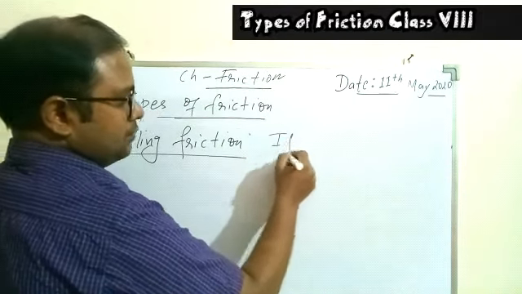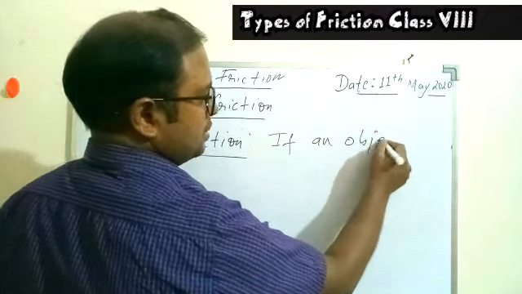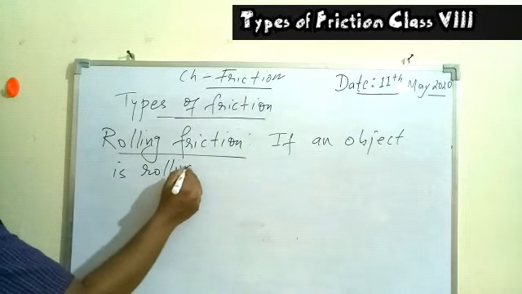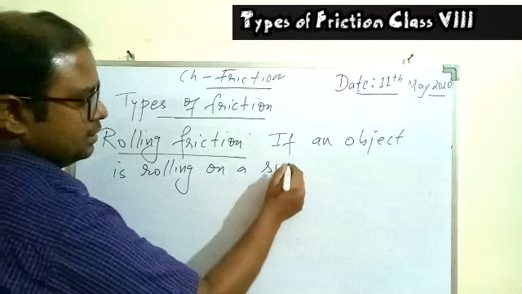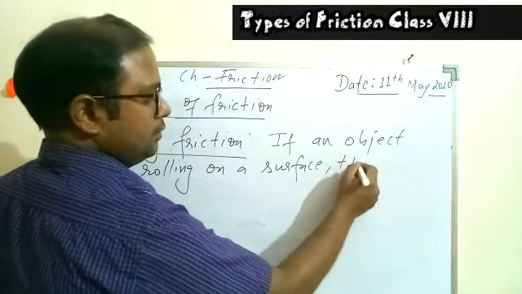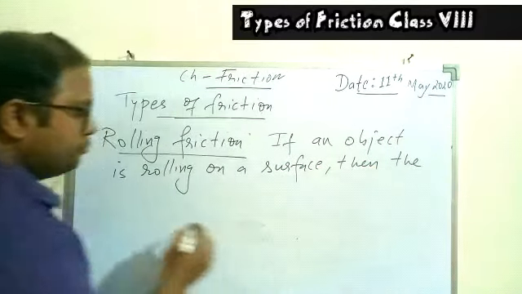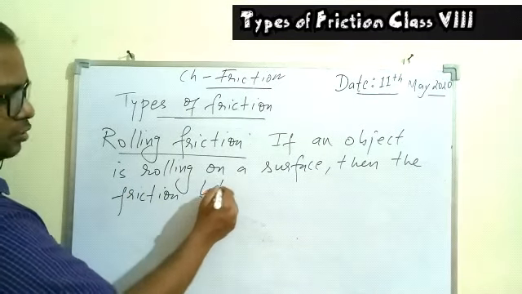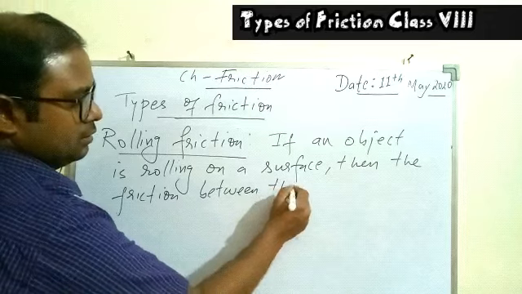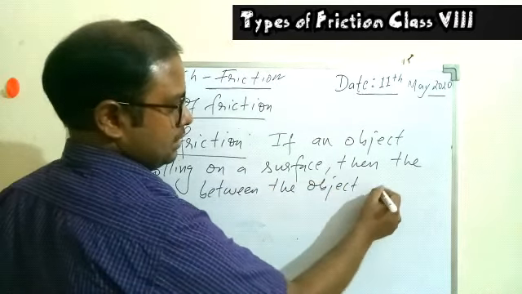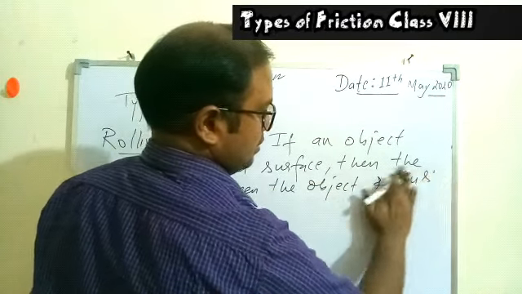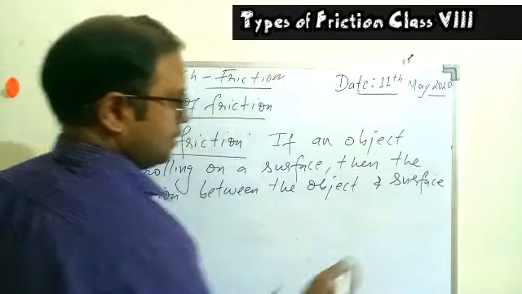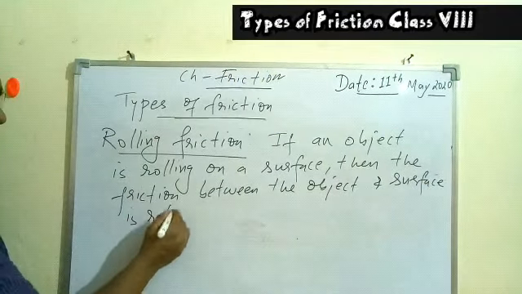So we can say, if an object is rolling on a surface, then the friction between the object and surface is rolling friction.